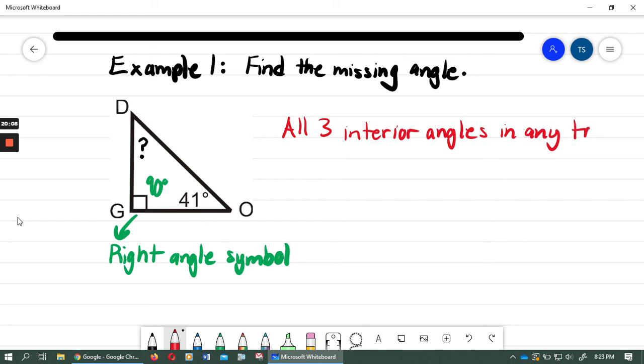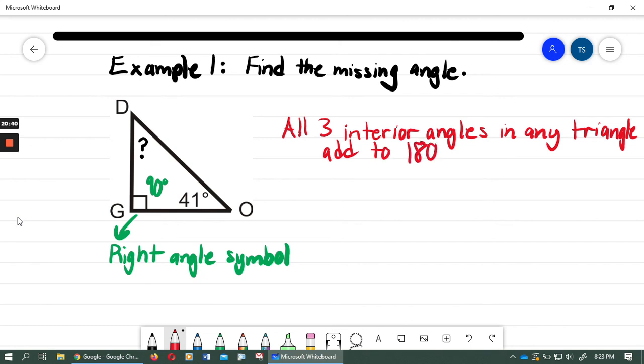Now, of course, I won't write this out for every single problem that we do, because this theorem isn't going to change. But just so you get my drift of every little thing that's going on here, I'm going to write this out for this example right here. All three interior angles in any triangle add to 180 degrees. That's our reasoning here of what we're doing right now.